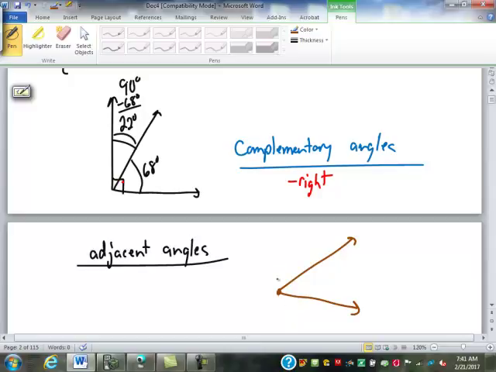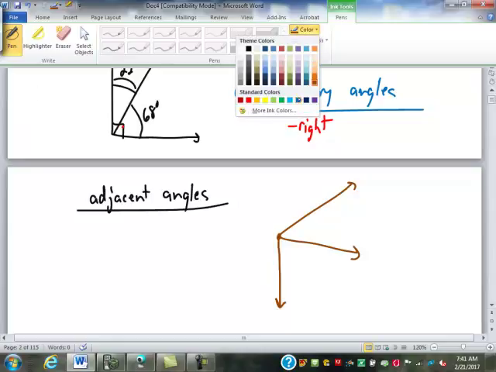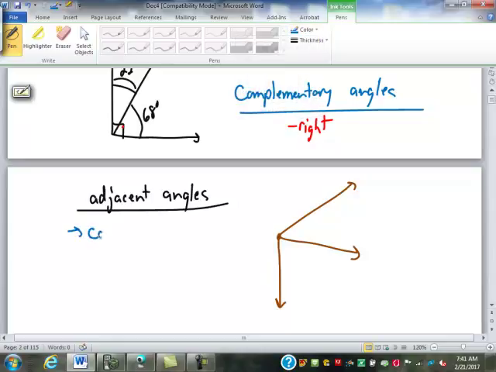Well, if we go back to that same starting point and we drag it in a third direction, we've created adjacent angles. Adjacent angles have a common vertex and they share a side.